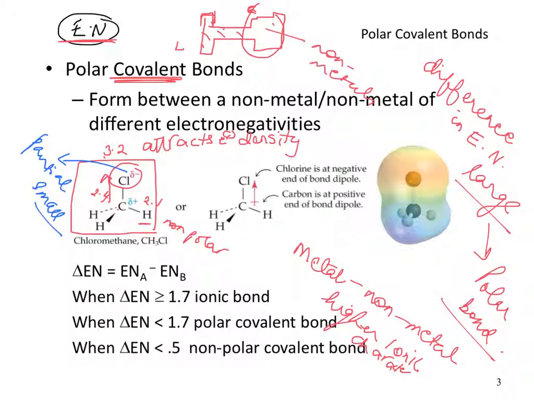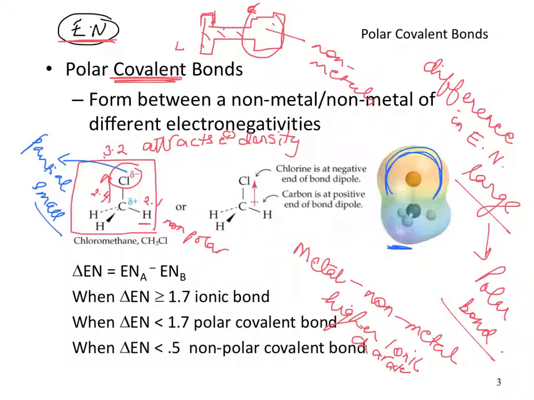You can perhaps see that in this electron density map also, that the top portion of the CH3Cl is very red. The more red it is, the greater the electron density. The bottom half of this is pretty blue. That means there is a dearth of electrons in that segment of the molecule.